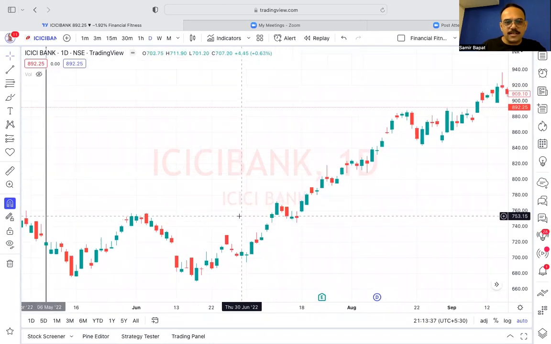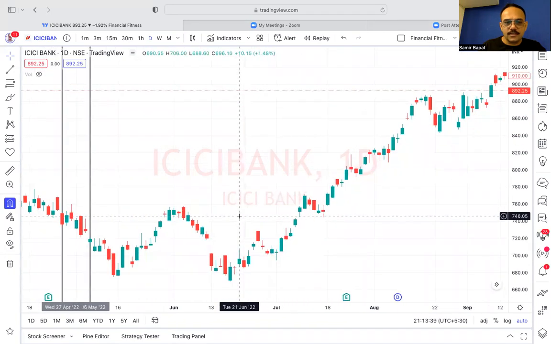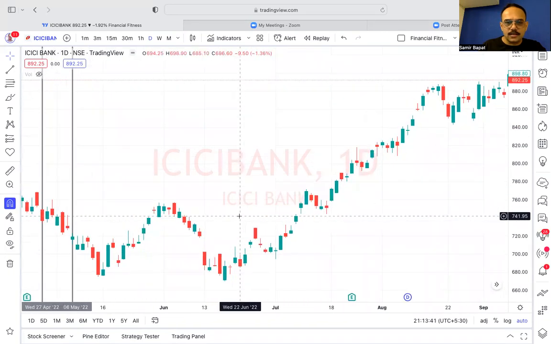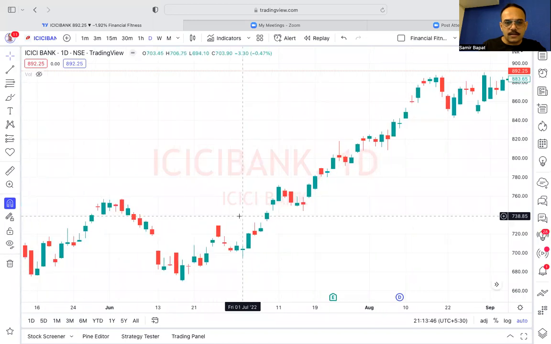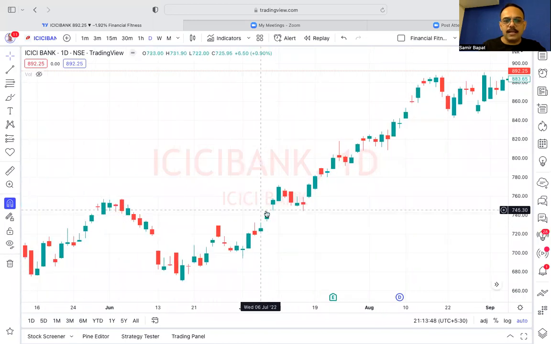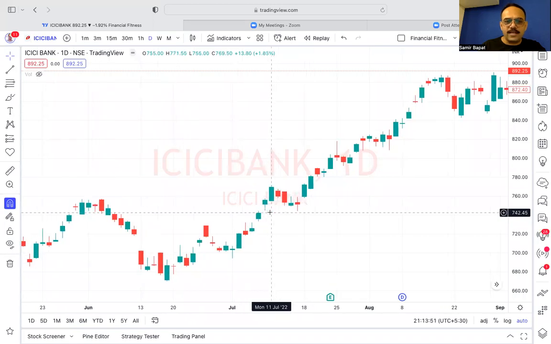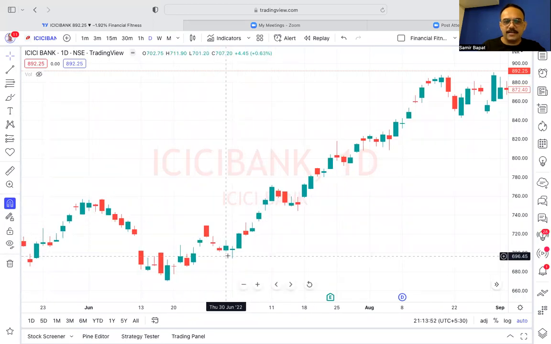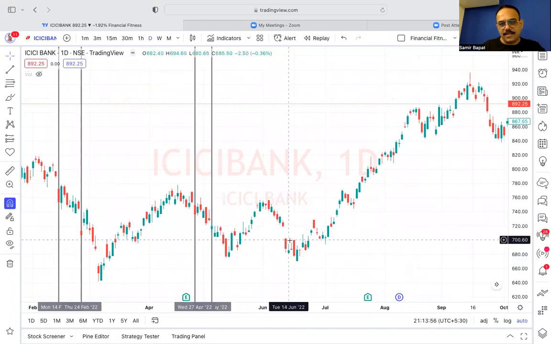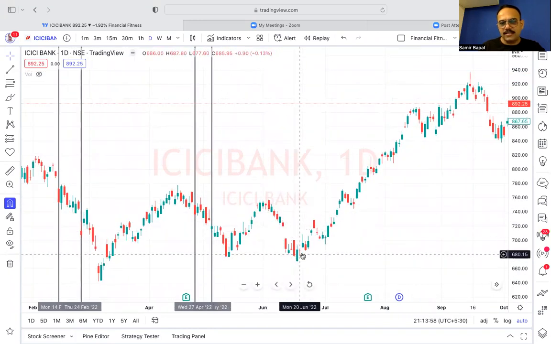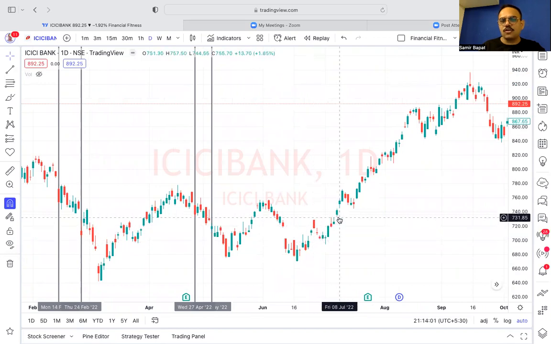See what happens is, if there is an uptrend, it's almost like a V shape. The price was going down and then it started going up.